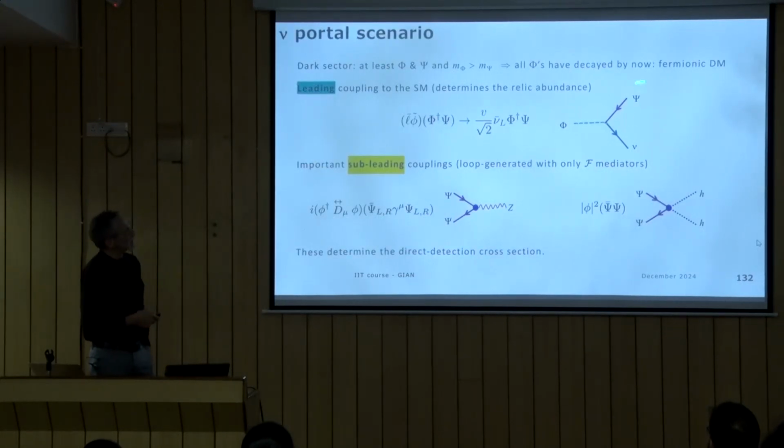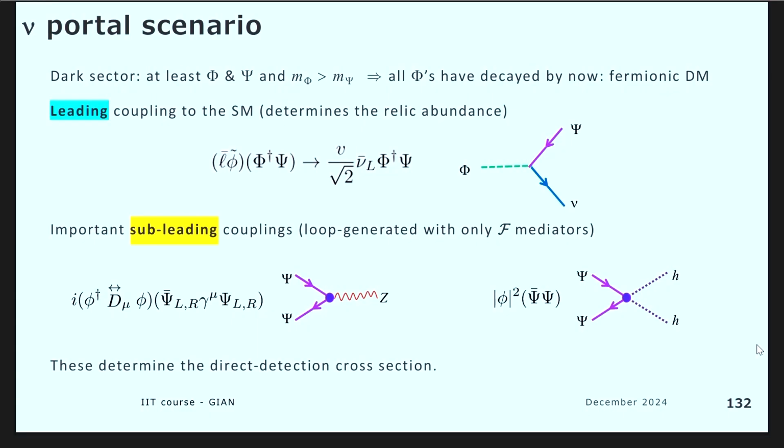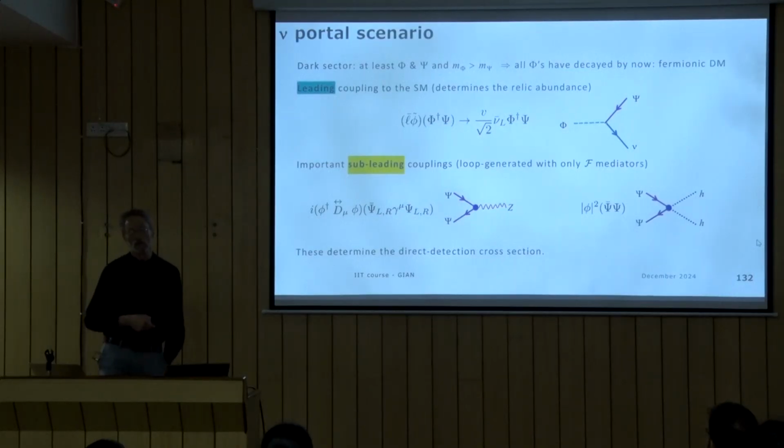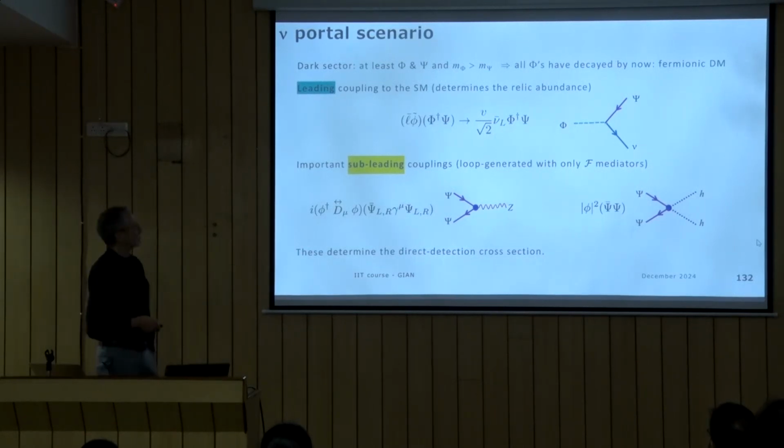If they are lighter, then along the way, the scalars all decayed into fermions and neutrinos. So in this scenario, the dark matter is fermionic. You can assume the other way, but that goes back really to a Higgs portal dominated scenario that's been studied. So this is just an attempt to study an alternate scenario.